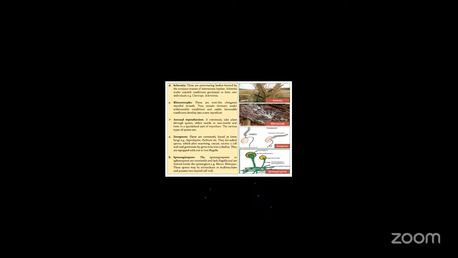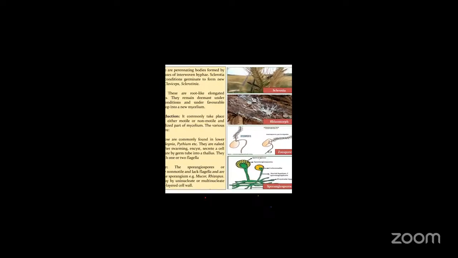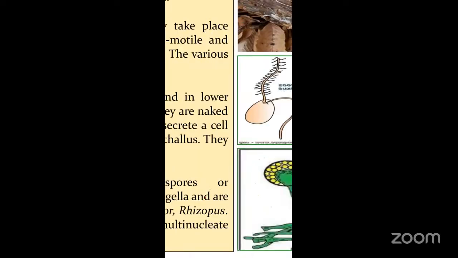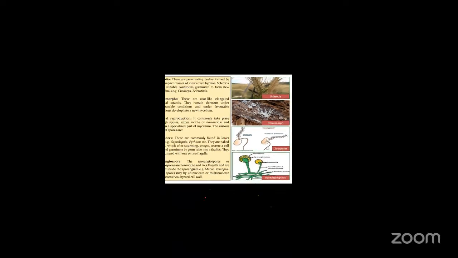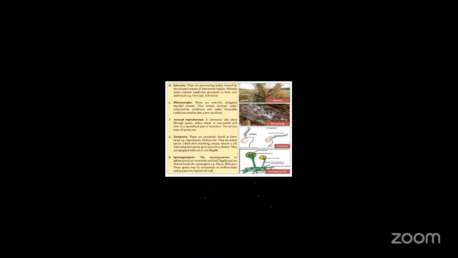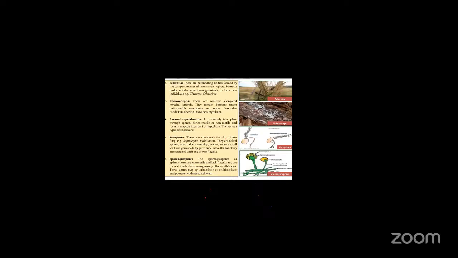Tinsel flagella means the surface of the flagellum is very smooth. Whiplash flagella means the surface has some mastigonemes, feather-like structures. Sometimes both whiplash and tinsel flagella are there, two flagella.